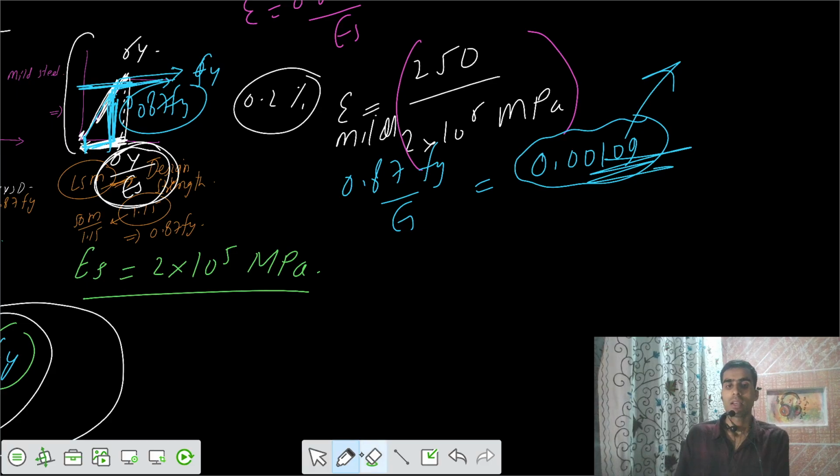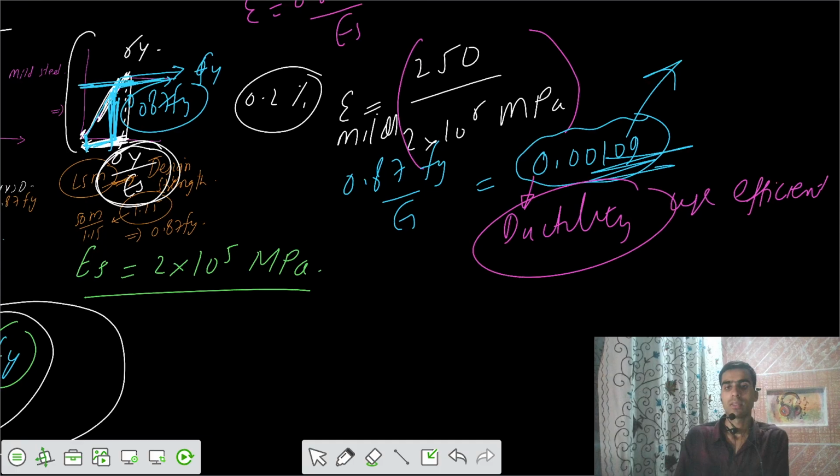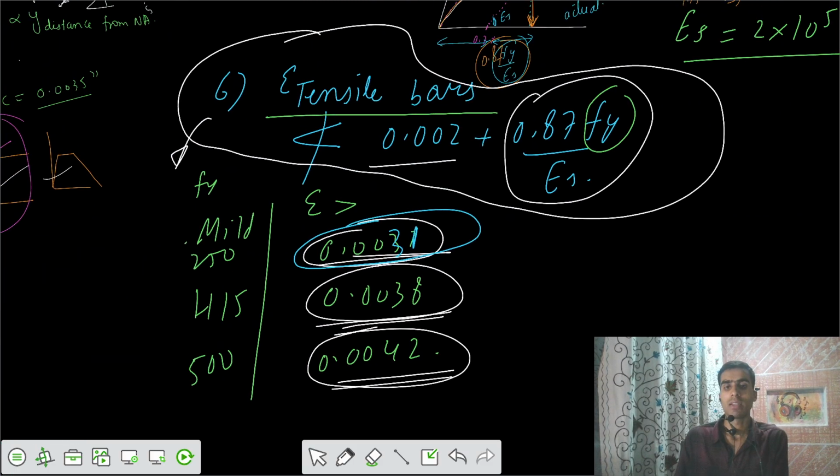So the code is saying we are going to use the ductility of that material in an efficient way. That's why it says we keep the same diagram for all three grades. That means we assume all grades of steel are in this fashion, even mild steel.